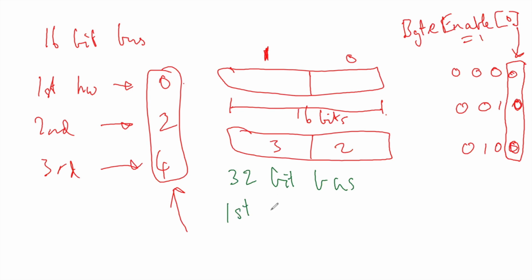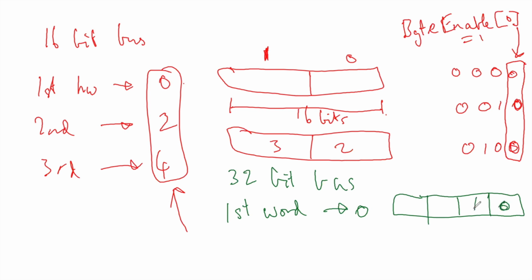So the first word would be starting at address 0, and it would contain bytes 0, 1, 2, 3. The second word would be starting at 4, and then 8, and so on and so forth.